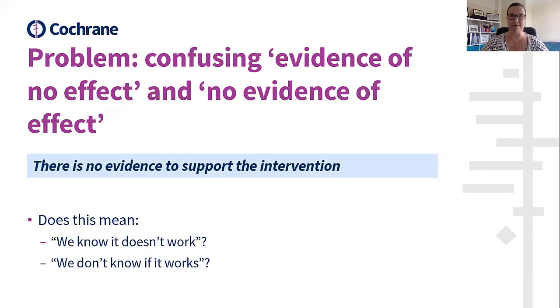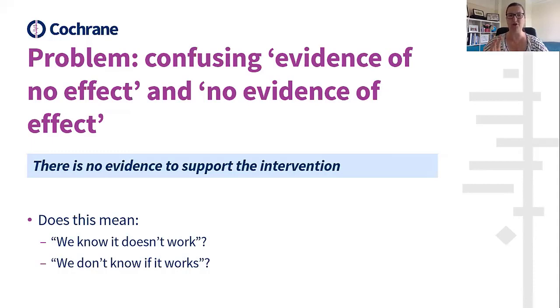We also very frequently have a problem of people confusing evidence of no effect and no evidence of an effect. This is a very typical statement we'll see: there is no evidence to support the intervention, but this is very ambiguous. We don't know what people are saying here, whether we don't know if it works or not, or we know for a fact that it does not work.